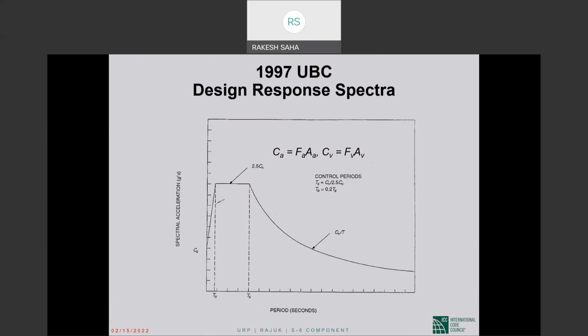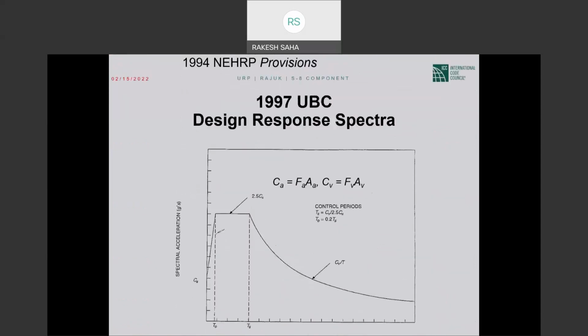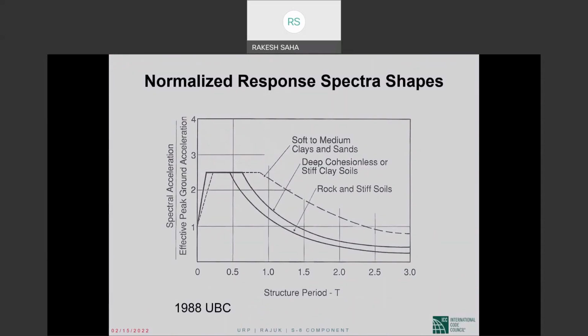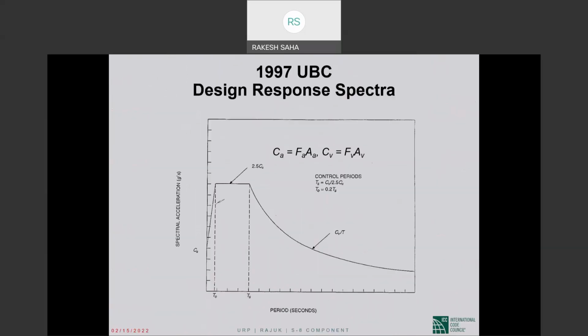So the 1997 UBC spectrum is not very different from what we had earlier, except that this two-factor approach had been introduced. So the plateau now is defined by 2.5 C sub A and the descending branch by C sub V over T. Okay.